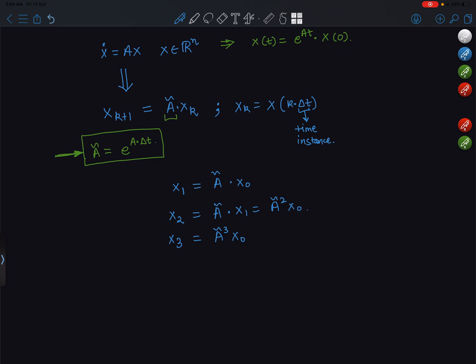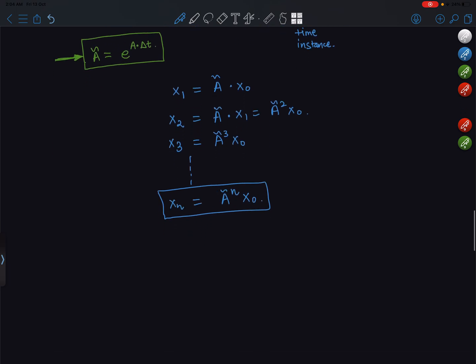In a similar way, x3 equals A tilde cubed x naught. At the nth time instant, the relationship is A tilde to the power n times x naught. This is our relationship between the initial condition and the state at the nth time instant.